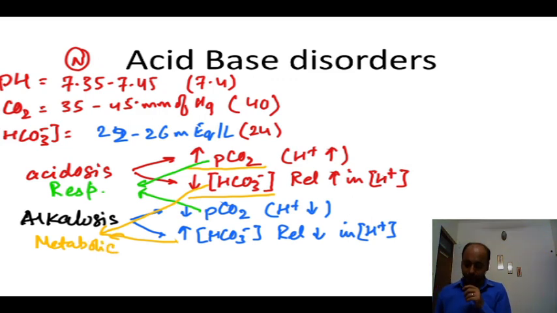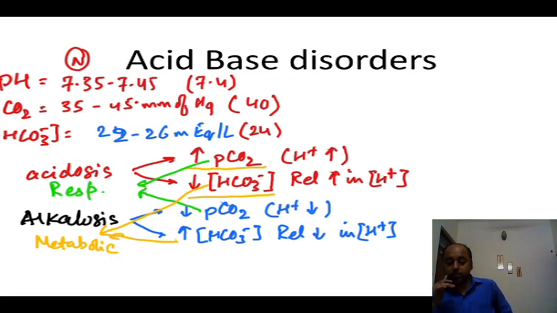I'll repeat, the changes resulting in acidosis or alkalosis can be either due to change in PCO2 or due to change in the bicarbonate. If the primary cause is change in PCO2 value, respiratory. If the primary cause is change in bicarbonate value, it is metabolic.